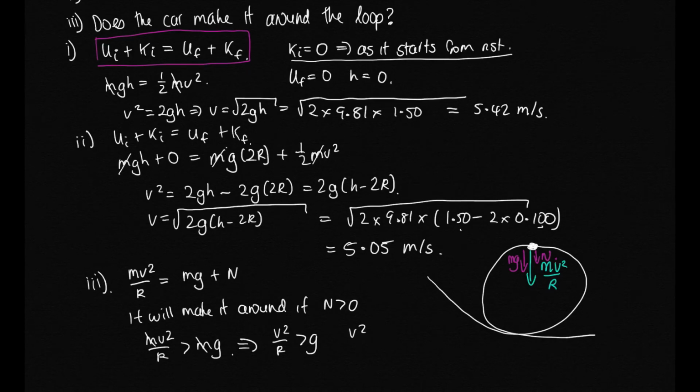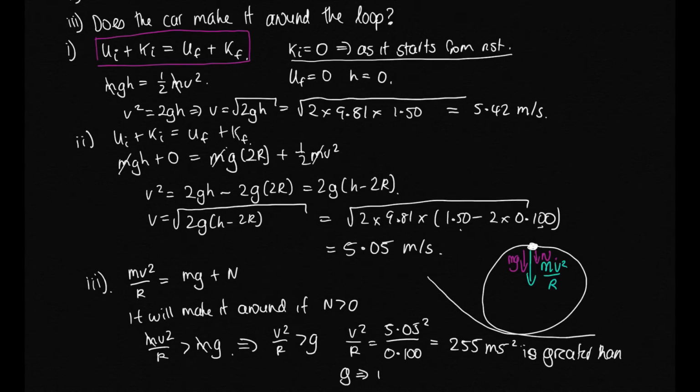So v squared on r is equal to 5.05 squared over r, which was 0.100. So this is equal to 255 meters per second squared, and this is greater than g. So this tells us it does make it around the loop.